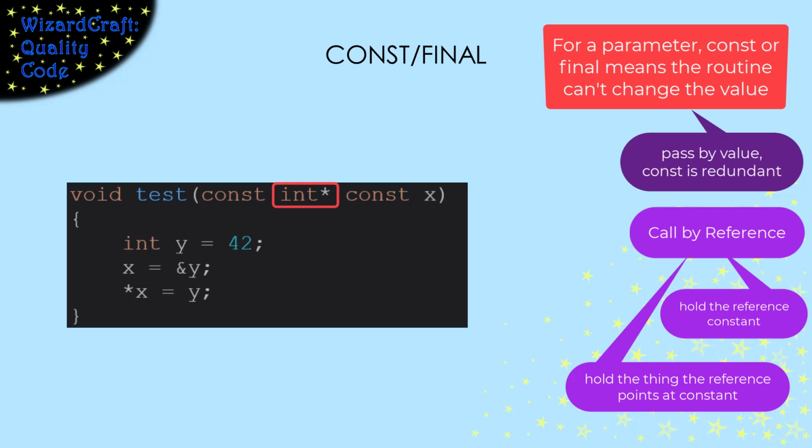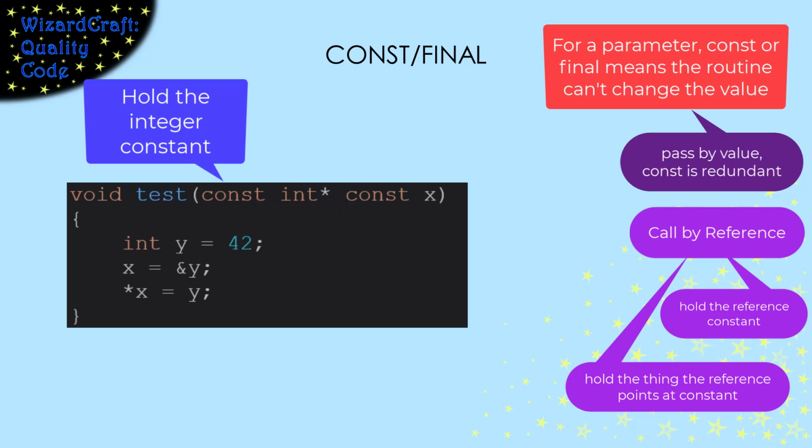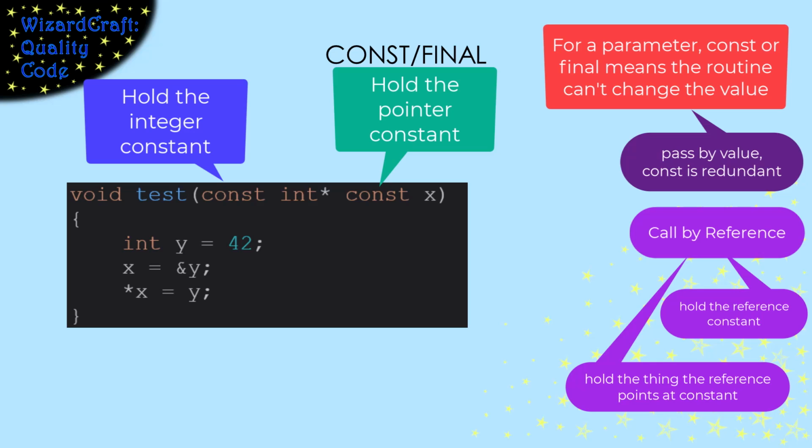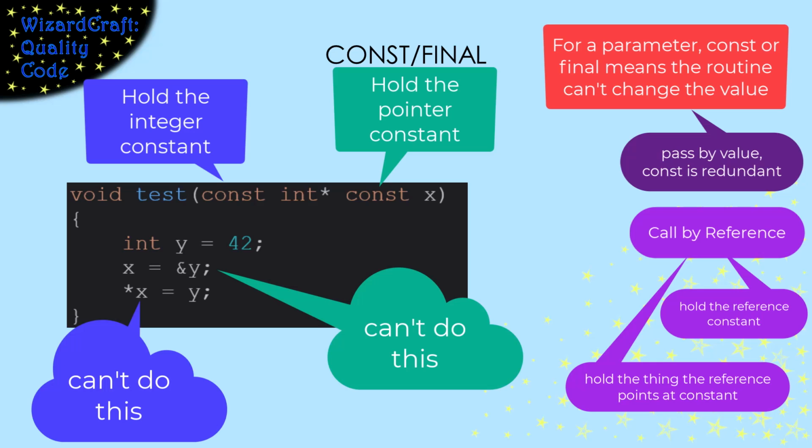We are passing a pointer to an integer. The first const says that the integer can't be changed, and the second says that the pointer can't be changed. The compiler is going to be unhappy with both of these assignment statements. The lesson here is that const and final are good safety measures, but you have to be very careful to understand the subtleties of how your particular languages handle that designation.